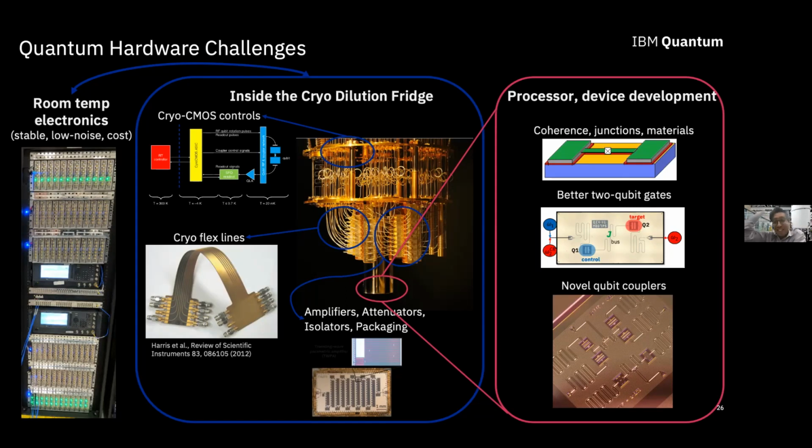Better two-qubit gates is always something that's critical, especially if there are novel ways of doing couplers that allow for very reliable two-qubit gates. And then there's a huge challenge with components within the fridge, right?